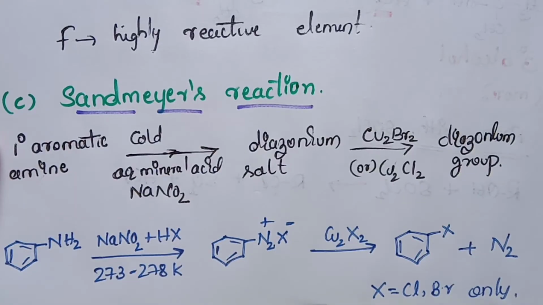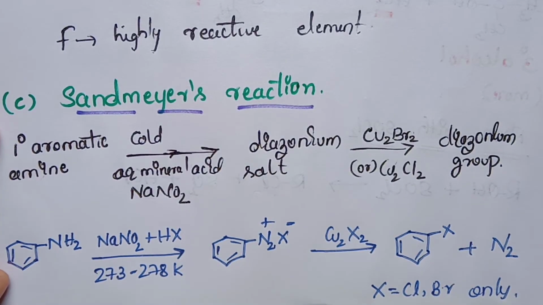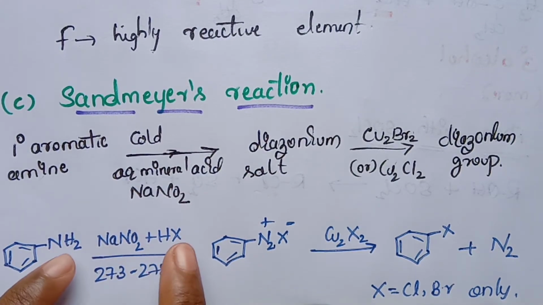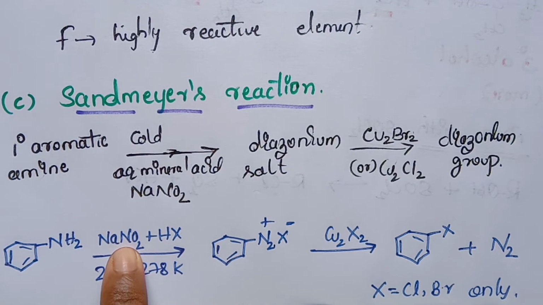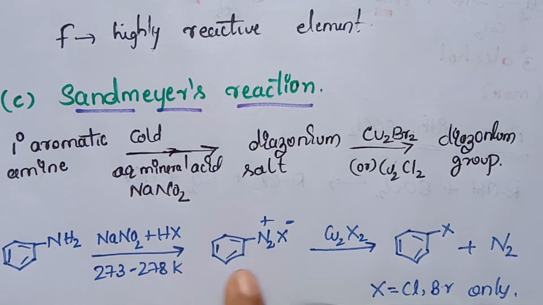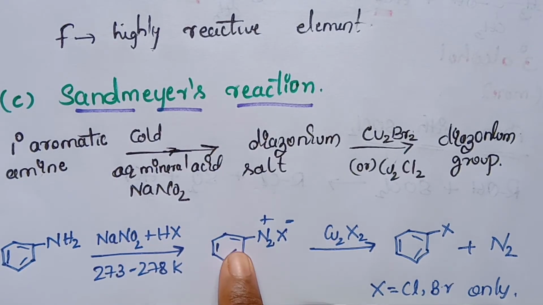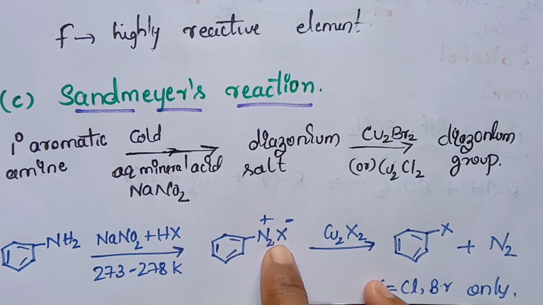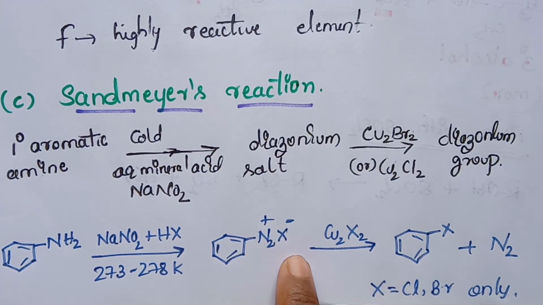Here, I will show you through the general reaction. The aromatic amine, ArNH2, will be treated with NaNO2, sodium nitrite, at 273 to 278 Kelvin. Then the replacement occurs. Here it is ArN2+ X-, where X means halogen, only either chlorine or bromine.